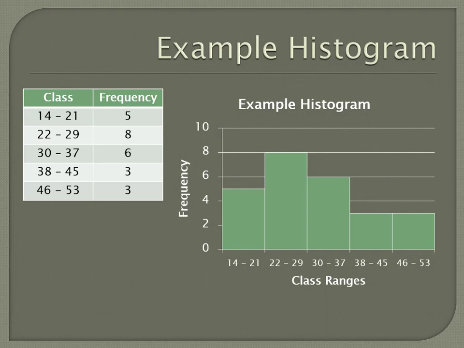Then the frequencies, you can either label as frequency or relative frequency, whichever you use there. And then the title, if there's some sort of context to the problem, you can put the title up there and include that context. So I just put that this is an example histogram just so you see where the title is, but you could put that these are ages of students, for example.